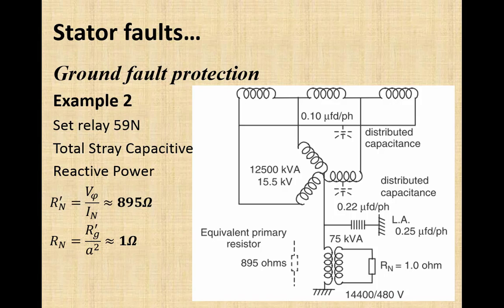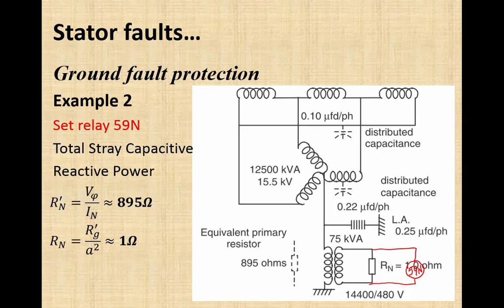Now the resistance has been selected. Next thing is to set the relay 59N, the voltage relay that we had installed across this resistance.